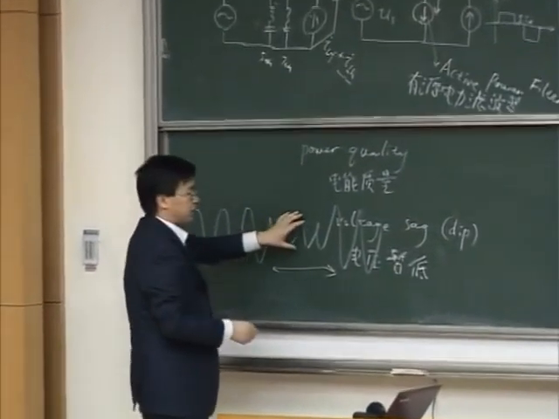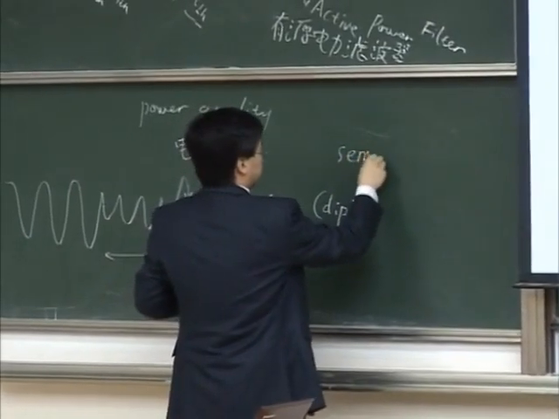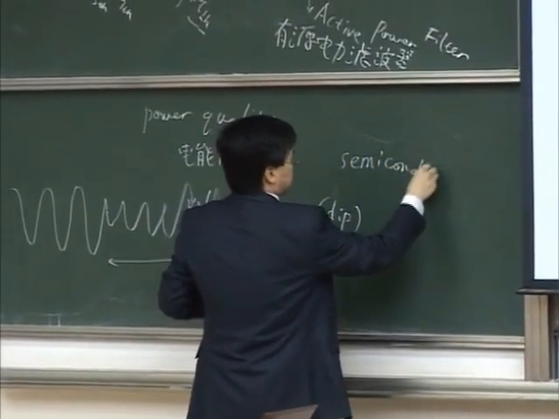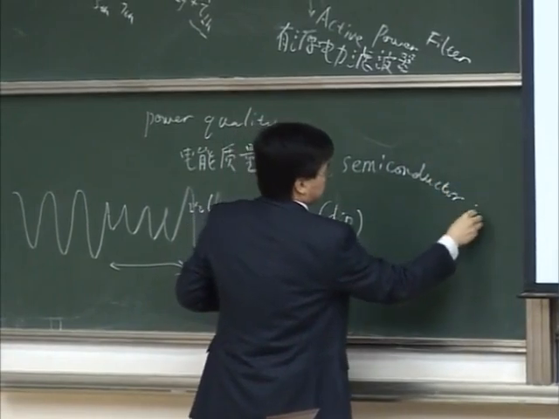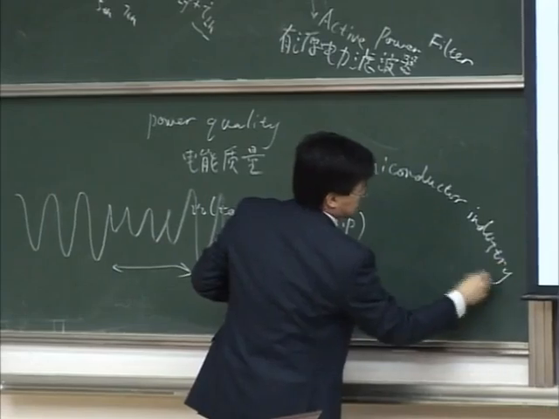The basic example, the very typical example of the bad effect caused by voltage dip is the semiconductor industry.